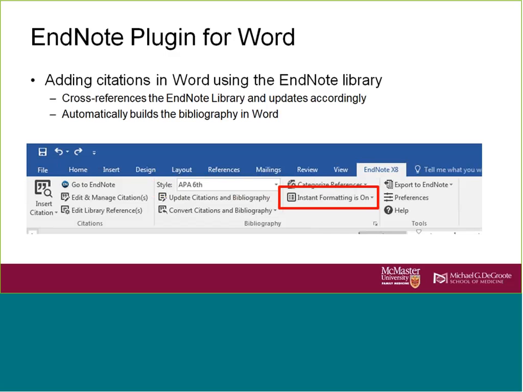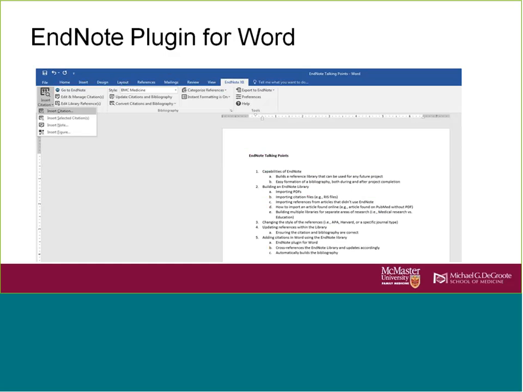So if instant formatting is on, whenever you add a citation or remove a citation, or if it's updated in the library, it'll instantly change that citation within Word to match the updated information. If it's off, it won't update it at all until you turn on instant formatting. And I'll show you that as well.